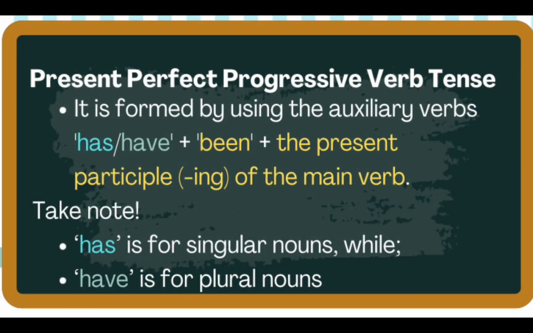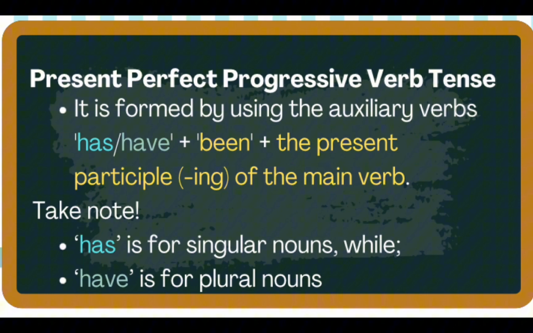It is formed by the auxiliary verb has or have, depending on whether the subject is singular or plural, then been, and then the present participle of the main verb, which is the ing form of the verb. And take note that has is for singular nouns, while have is for plural nouns.